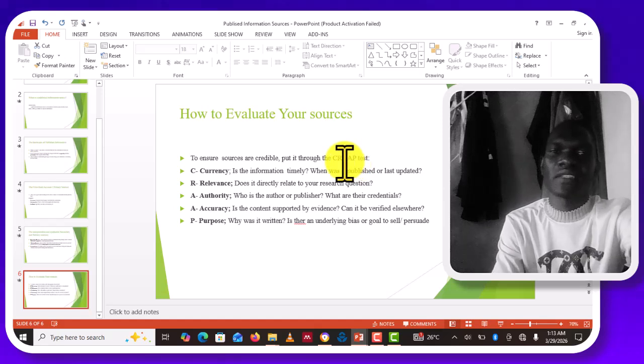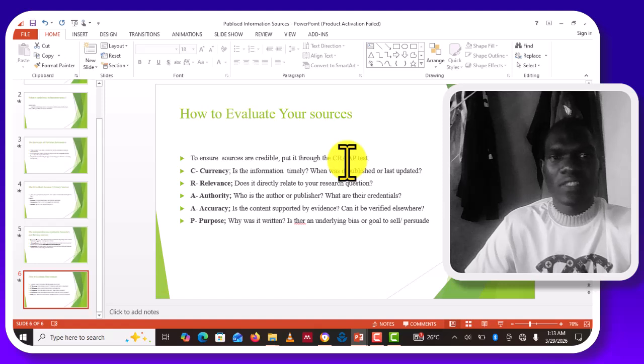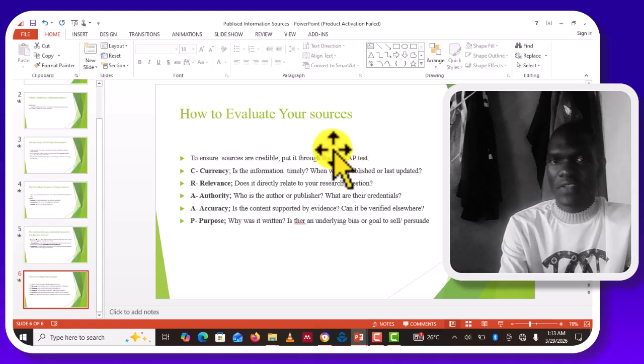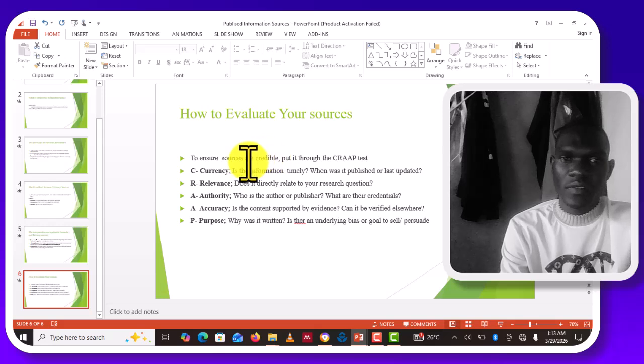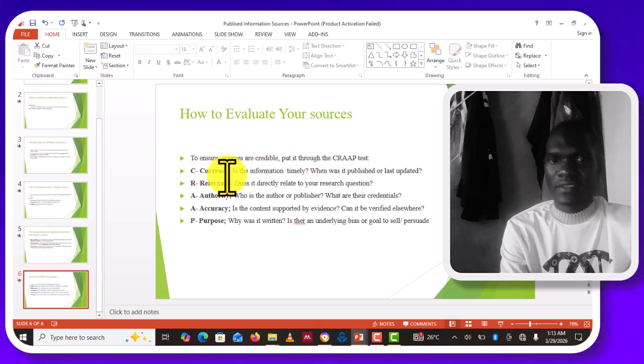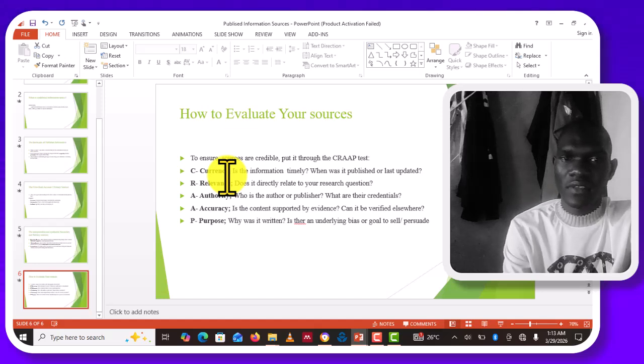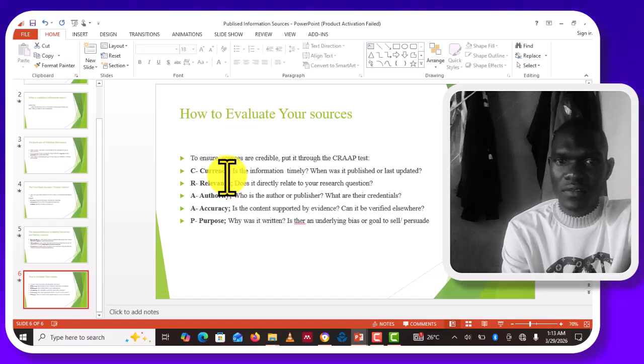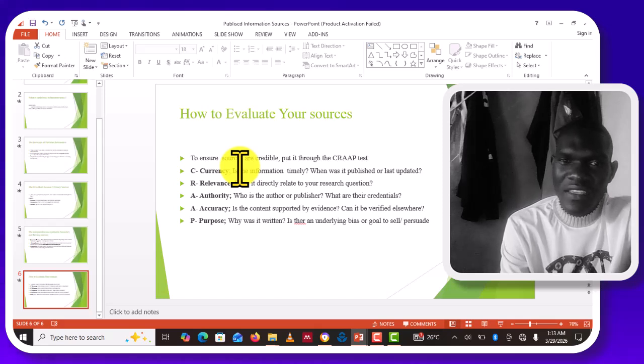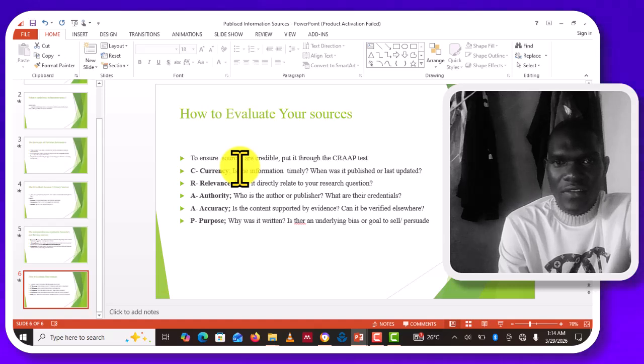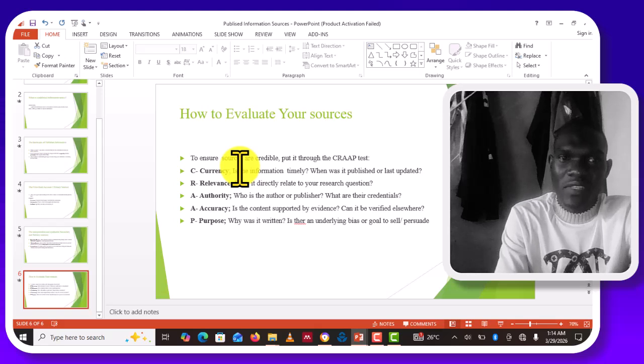If you master this abbreviation, then you cannot be defeated in evaluating your sources. The first letter C stands for currency: is the information timely, when was it published, and when was it last updated?